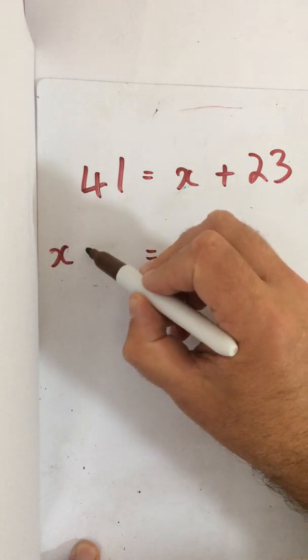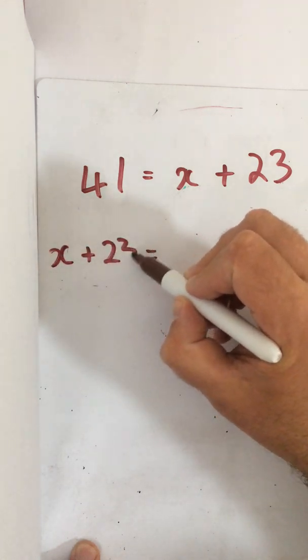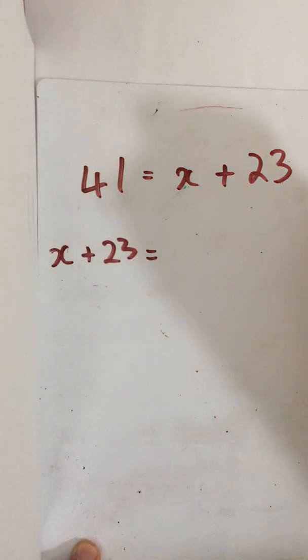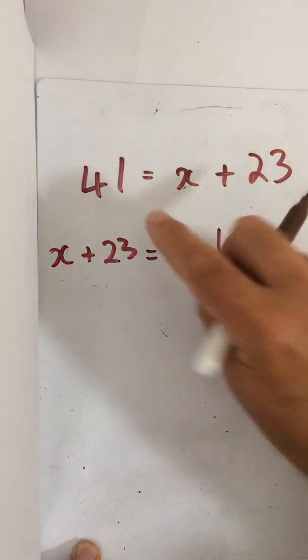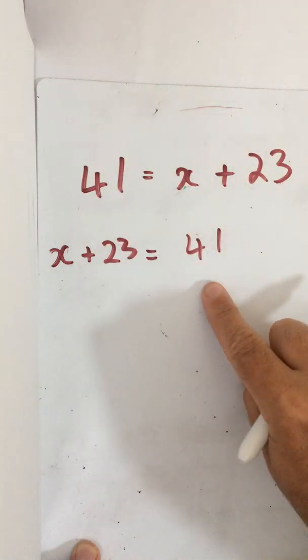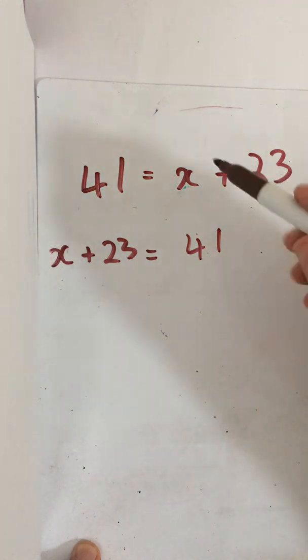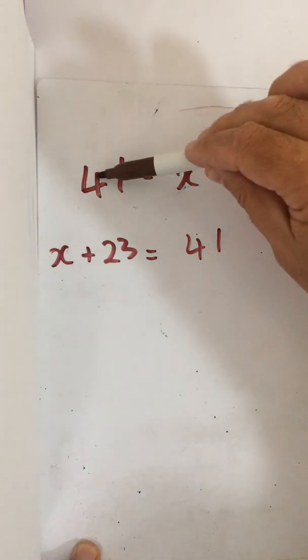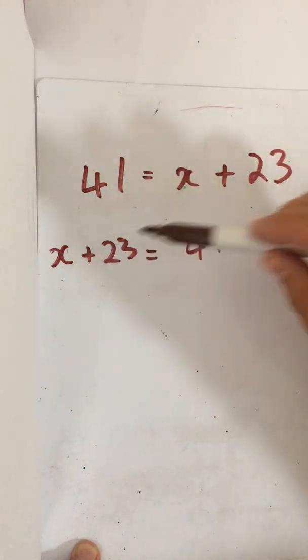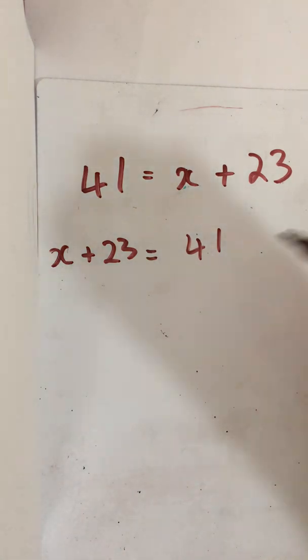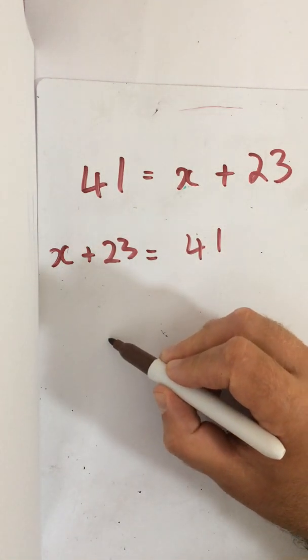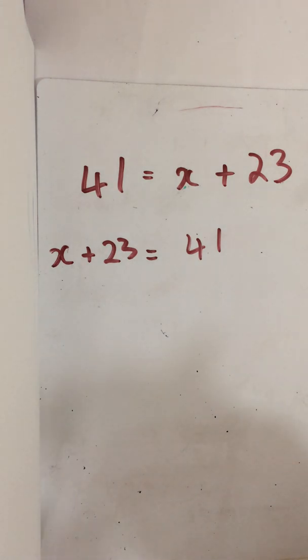So I'm just going to turn that to x plus 23 is equal to 41. Now those two equations are the same because this side has to balance with that one. I do that because I like to be left with just my x on the left hand side. You don't have to do that, but I would advise you to start off by doing that.